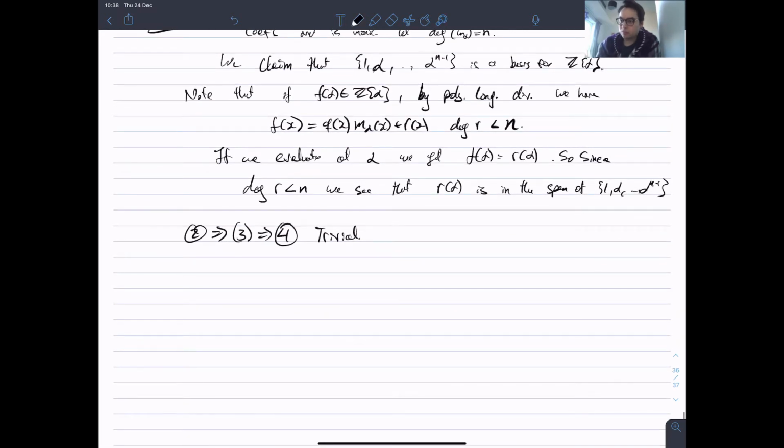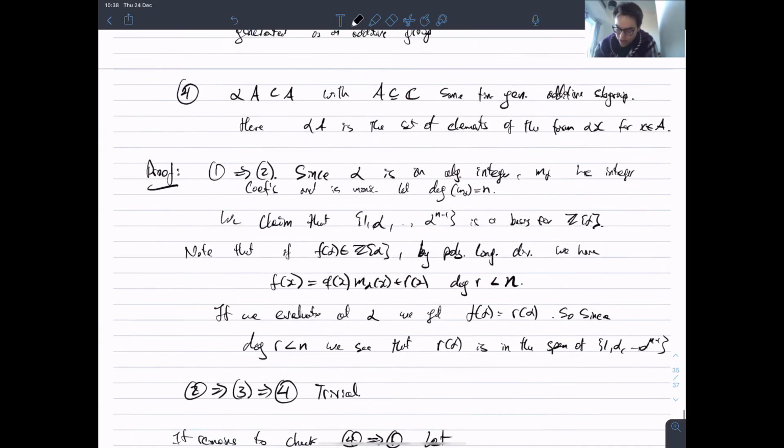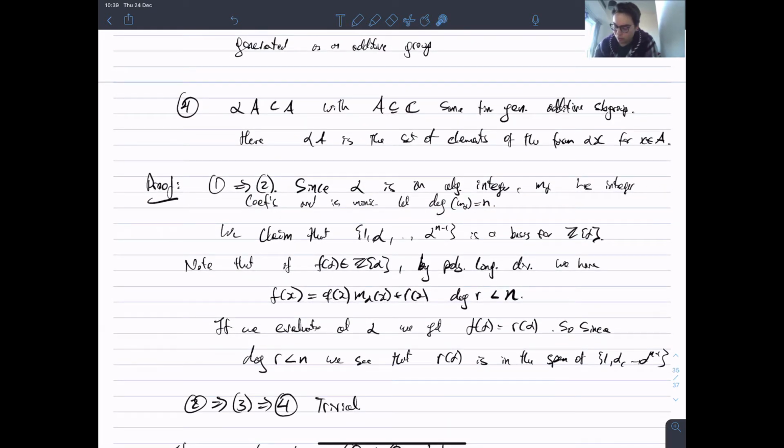So we need to check that 4 implies 1. What does 4 say? It says that I can find some finitely generated subgroup of the complex numbers such that when I multiply it by alpha, it stays inside itself.